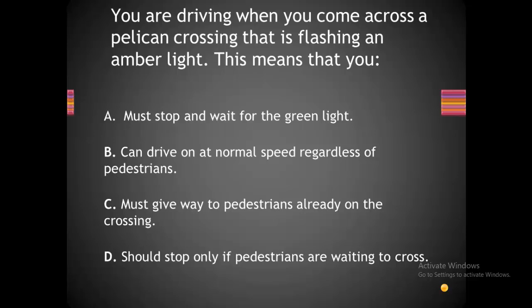You are driving when you come across a pedestrian crossing that is flashing an amber light. This means what? Option A, you must stop and wait for the green light. Option B, you can drive on at normal speed regardless of pedestrians. Option C, you must give way to pedestrians already on the crossing.